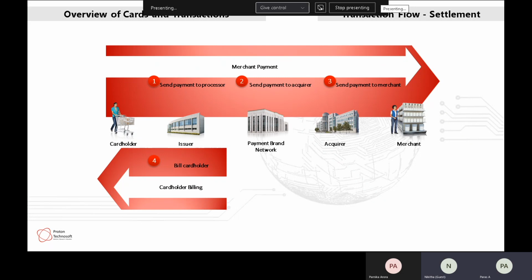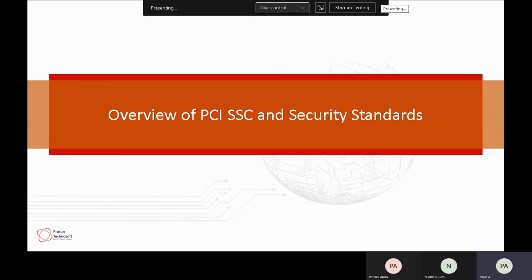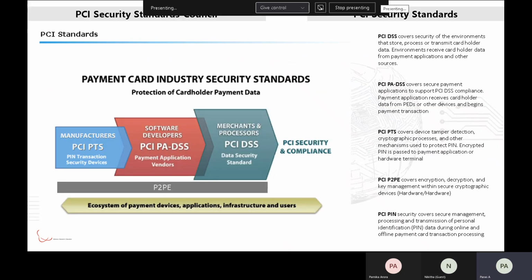Okay. Now, these are the basics from a PCI standpoint. Now we will come to the PCI standards. We talked about the PCI Security Standards Council, and we looked at the role that they play in the overall life cycle of the payment as well. Now, in this case, PCI created some 5 security standards.